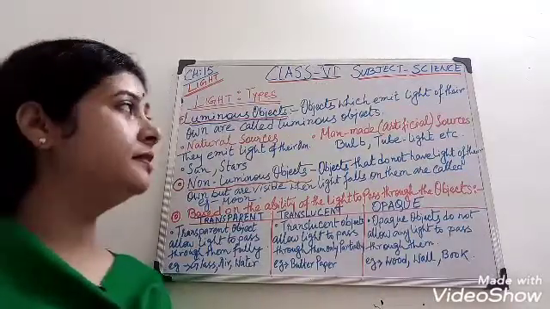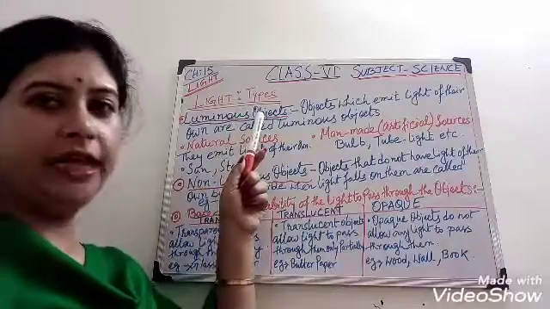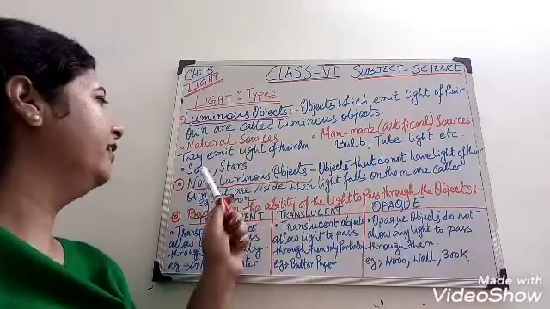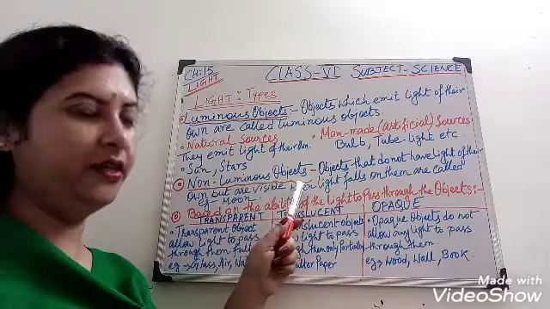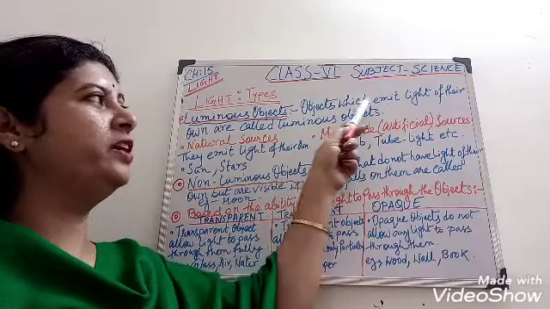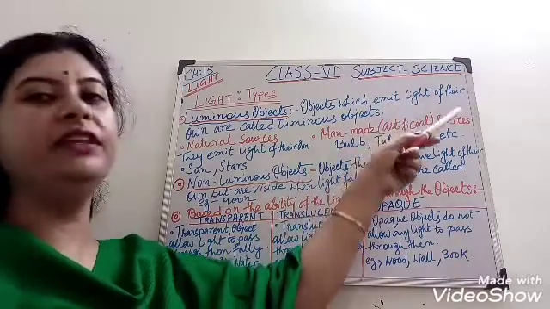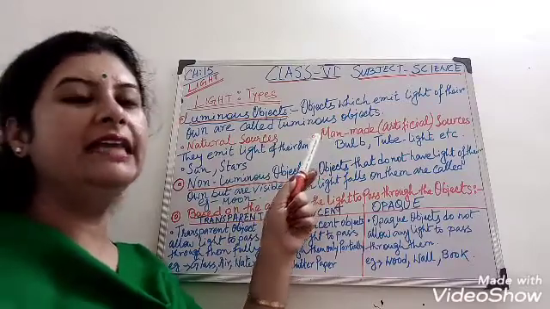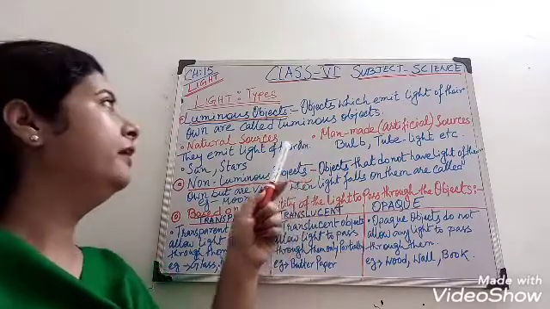Types of light. Lights are of two types: luminous object and non-luminous object. Luminous objects are objects which emit light of their own. Example, sun, star.